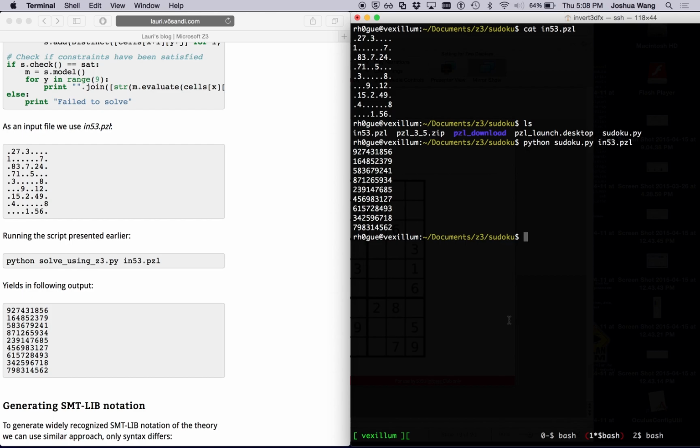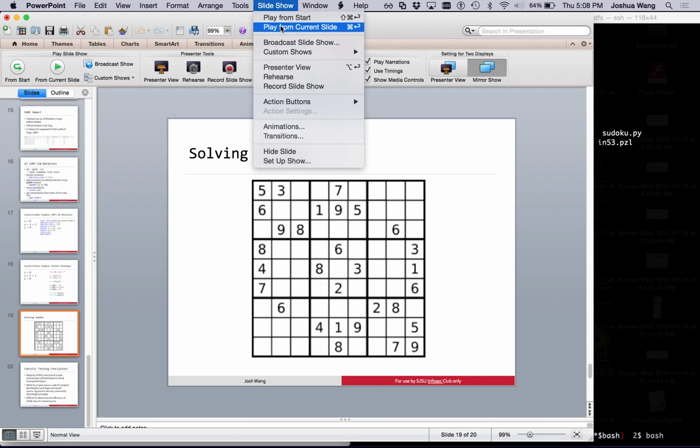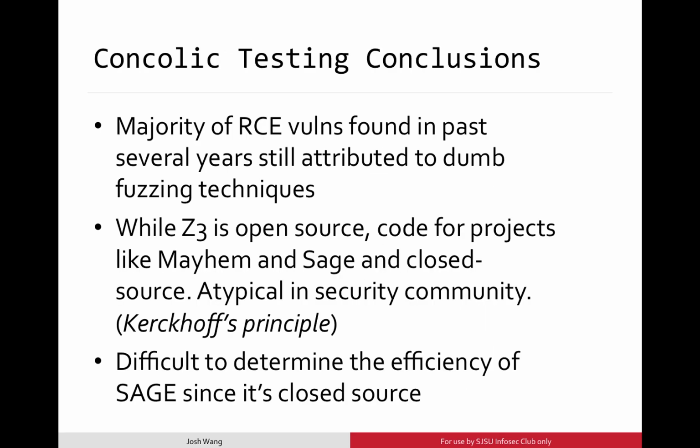Okay, so that makes sense to everyone? Okay, so the last thing we need to talk about is why this isn't a perfect technique. As it turns out, even though in theory concolic testing is supposed to uncover 100% of the vulnerabilities in the program, the majority of remote code execution vulns found in the past several years were still attributed to dumb fuzzing techniques.